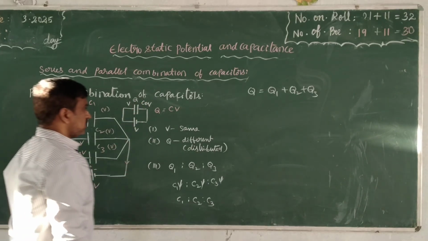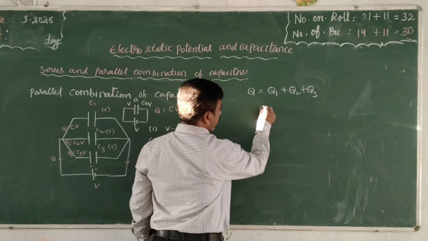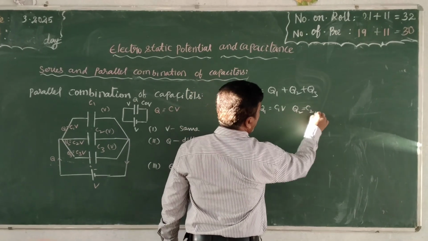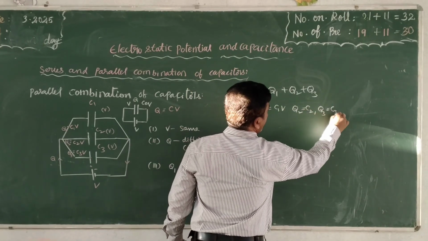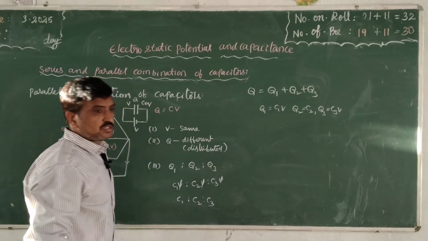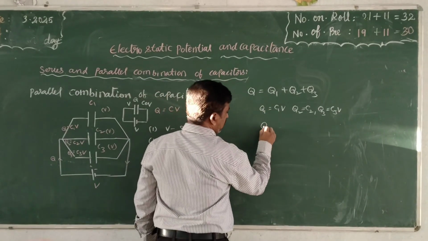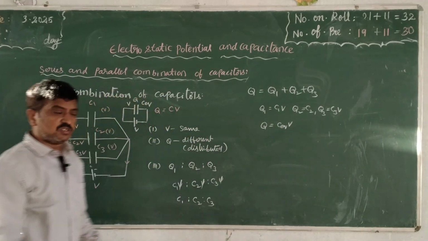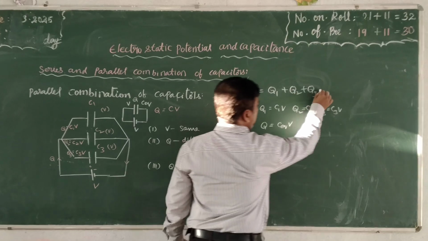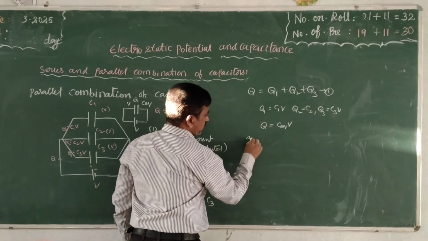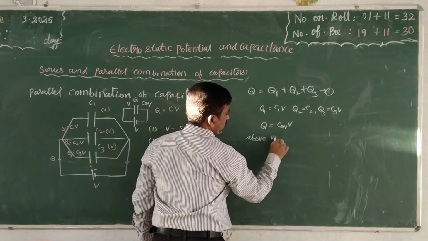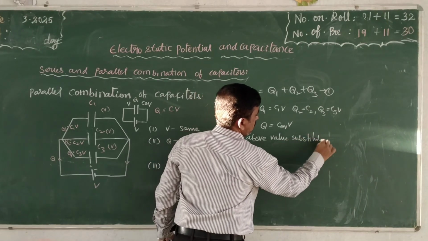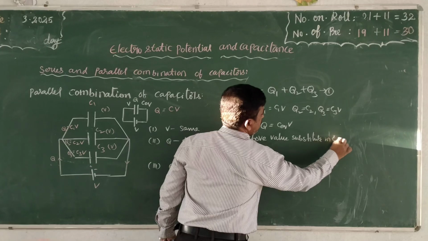Now see, I write one by one. Q1 equal to C1V, Q2 equal to C2V, Q3 equal to C3V. It is the charge on each capacitor. Total charge Q equal to C equivalent into V. This value we substitute in equation 1.